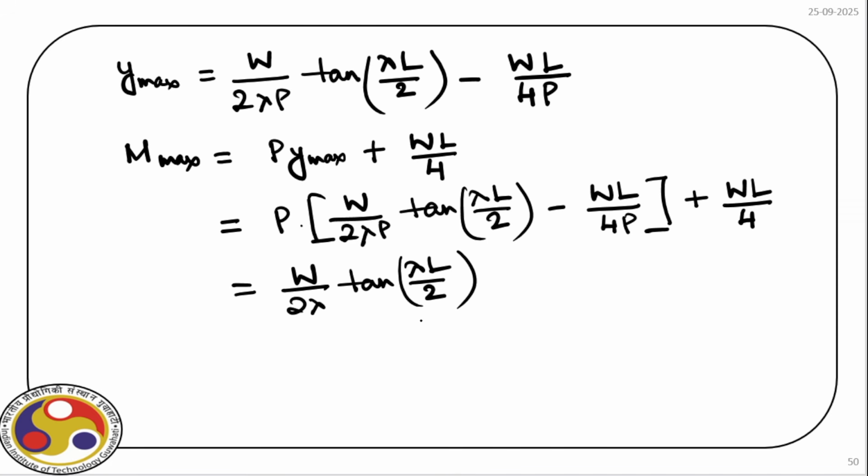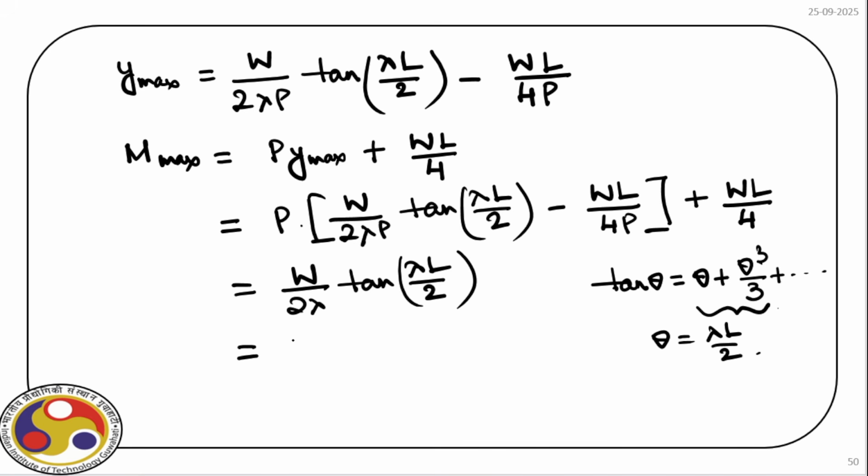Okay. Now we can expand this tan in terms of infinite series. So tan theta is equal to theta plus theta cube by 3 plus other terms. So let us consider the first two terms, and in our case theta is equal to lambda L by 2, right? So let us use this approximation.